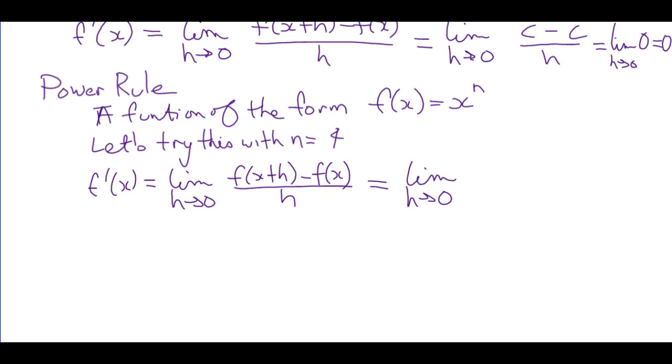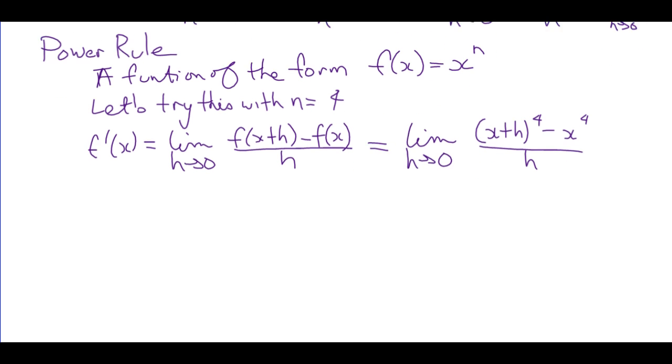So our function is x to the n. We're using n equals 4. So it's going to be x plus h to the 4th minus x to the 4th over h.